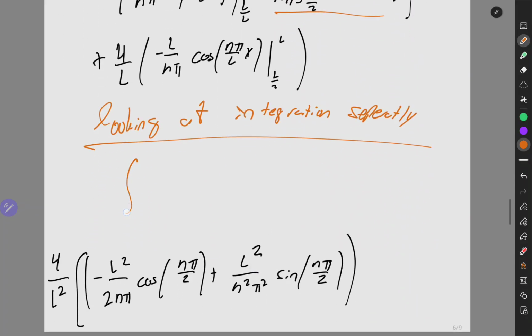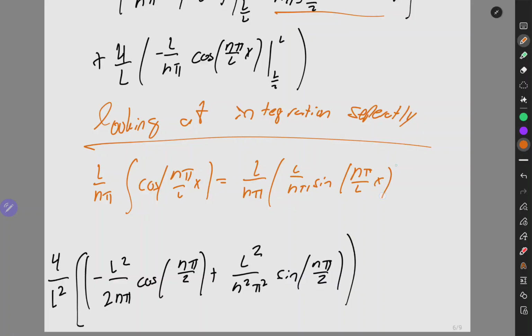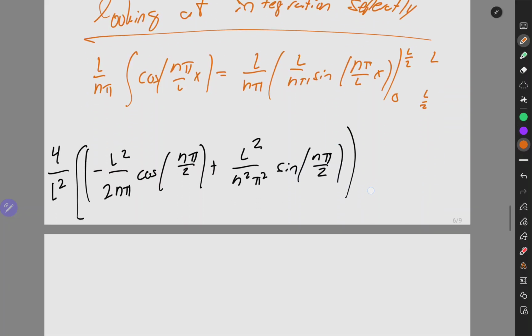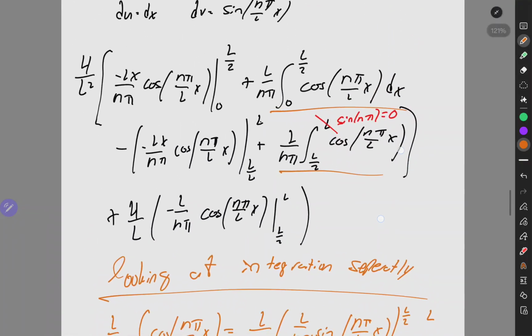Integral of cosine. We know that the integral of this, regardless, is going to be sine. And for this case, we're either going from 0 to L over 2, or from L over 2 to L. So that prevents us from having to write those down at the moment.